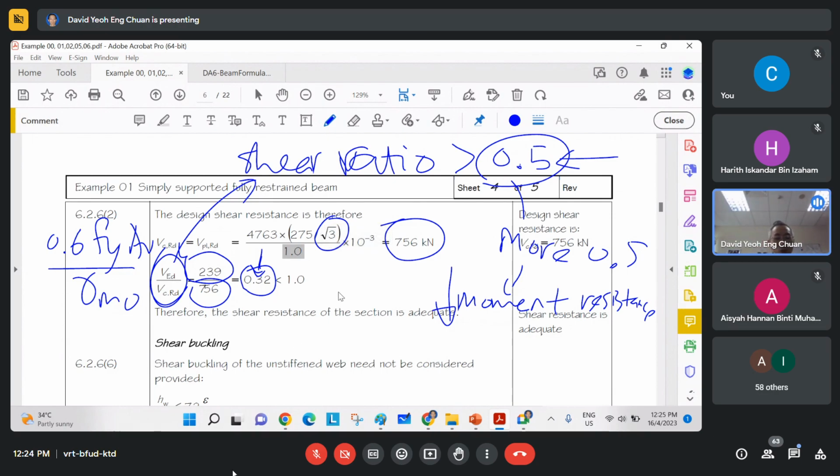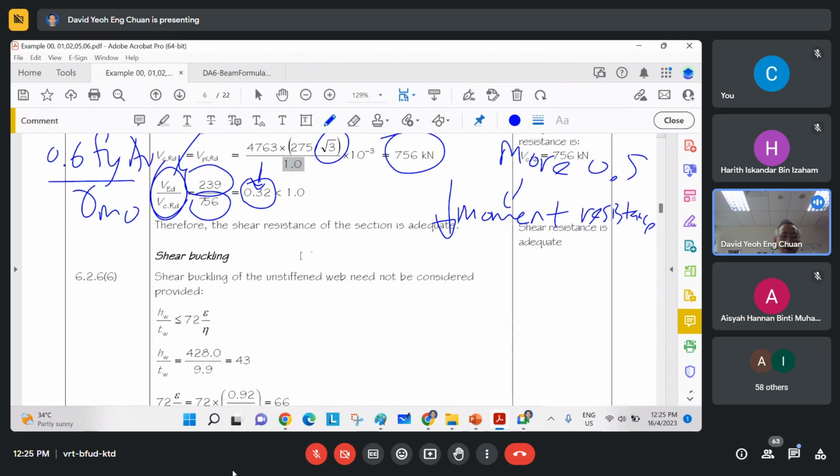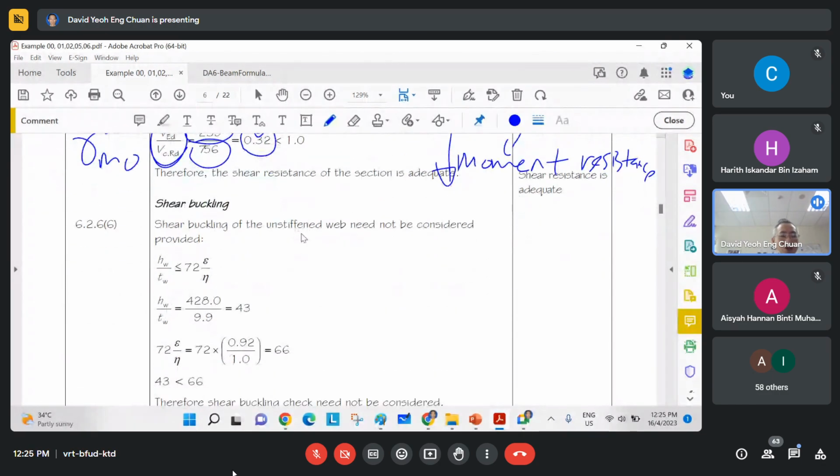Now, we move on. After we check the shear capacity, we need to check the shear buckling. The reason for checking this is that we try our best to be economical. The depth now is 457.